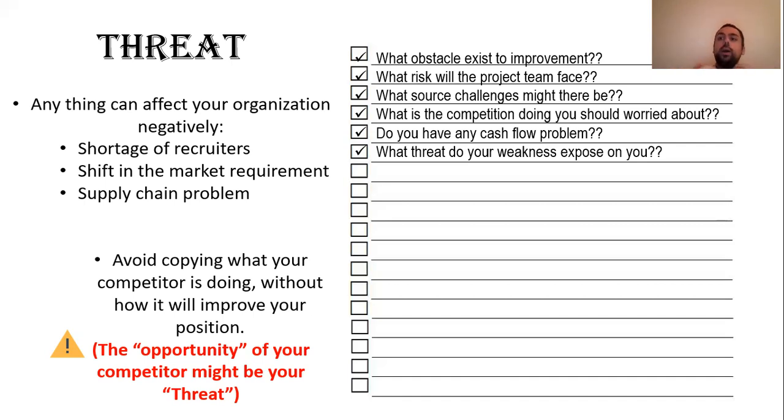Obviously, you need to pay special attention to the financial issues and especially cash flow. Please pay attention and ask this question: what trait do your weaknesses expose on you? It means which type of weaknesses you might experience because of the threat. You need to have some background information about it.